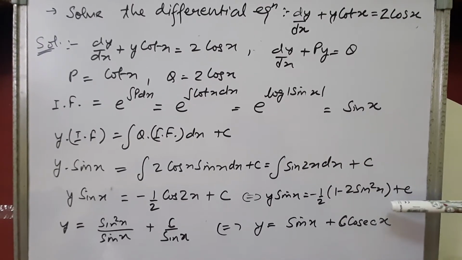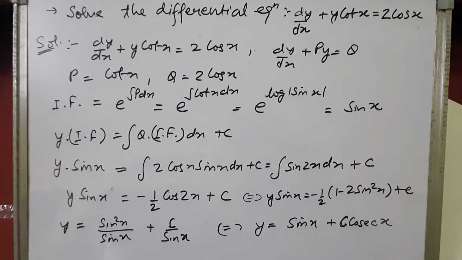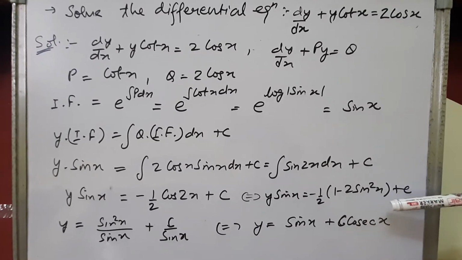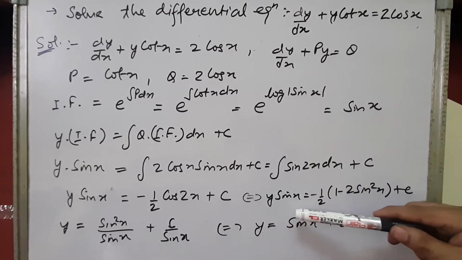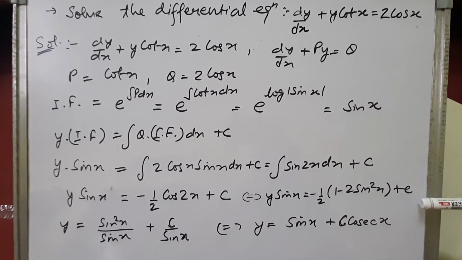Now we can see that y sin x equals to minus 1 by 2 cos 2x plus c. Now when we put the formula of cos 2x as 1 minus 2 sin square x, we'll get y sin x equals to minus 1 by 2 bracket 1 minus 2 sin square x plus c.